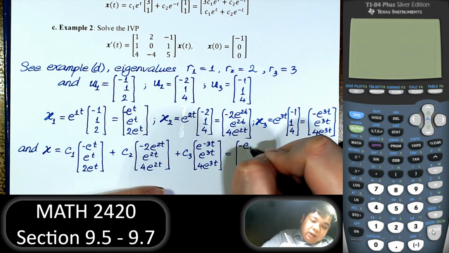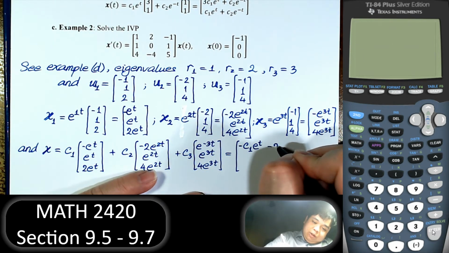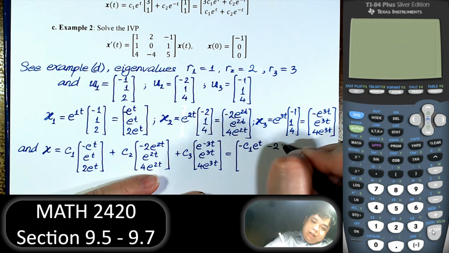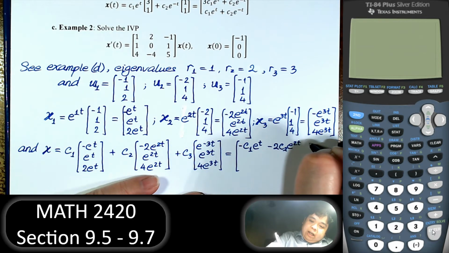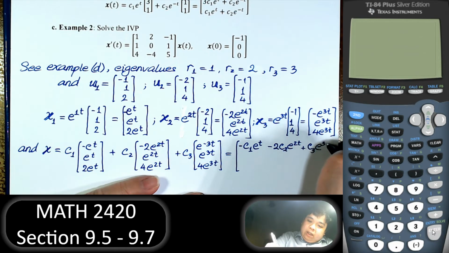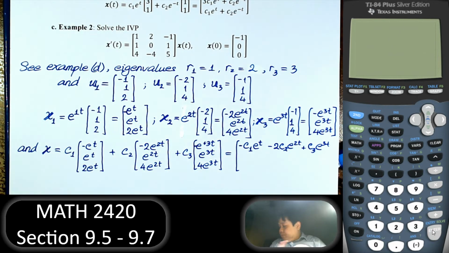Negative c1 e to the t, negative 2 c2 e to the 2t, and plus c3 e to the 3t. That should be a negative e to the 3t. Right.